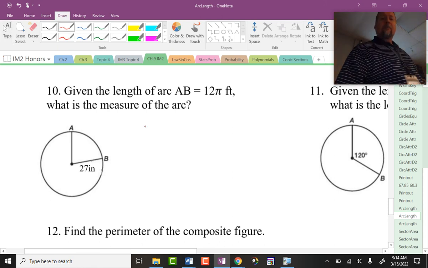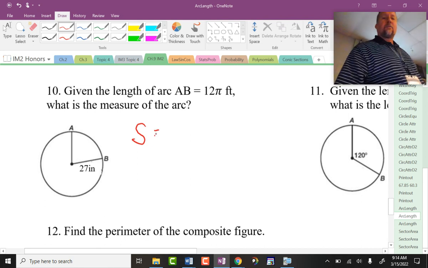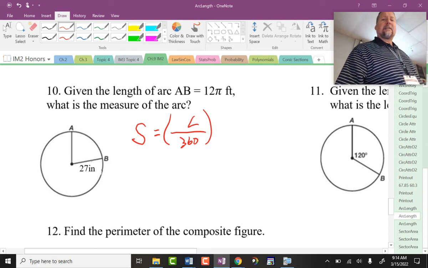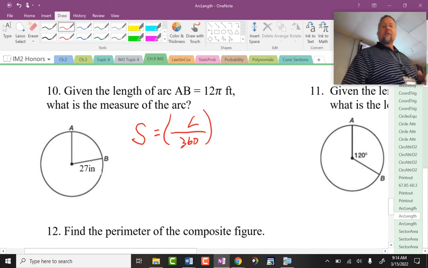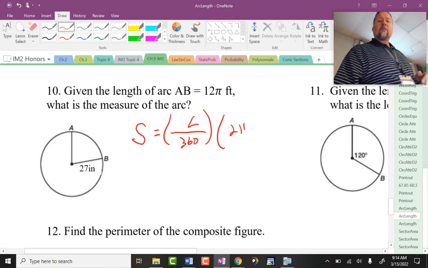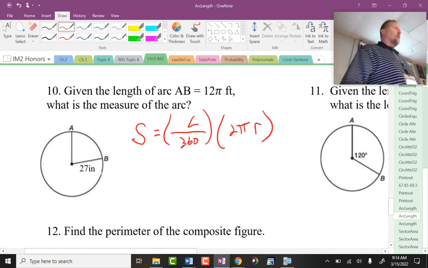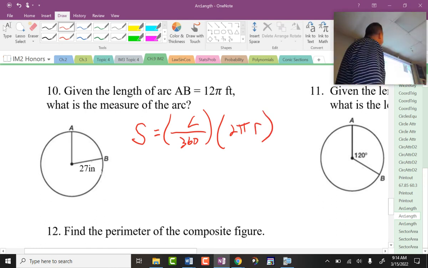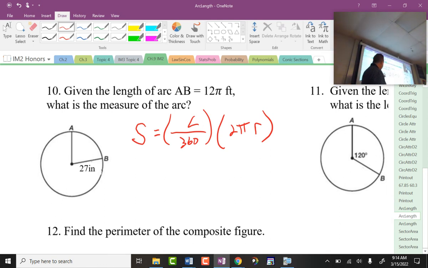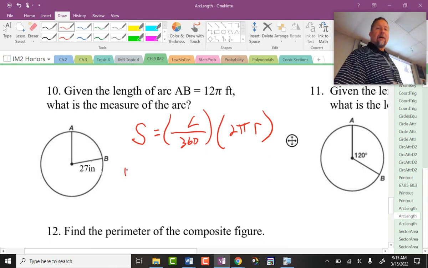S equals angle over 360, the central angle, times 2 pi r. Given the length of the arc, S is 12 pi feet. So I can substitute 12 pi in that position.